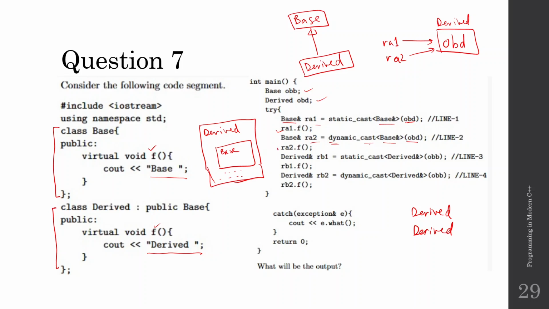Okay, now we come to the third one. In the third case we are converting OBB, which is of base type, into a derived type reference.